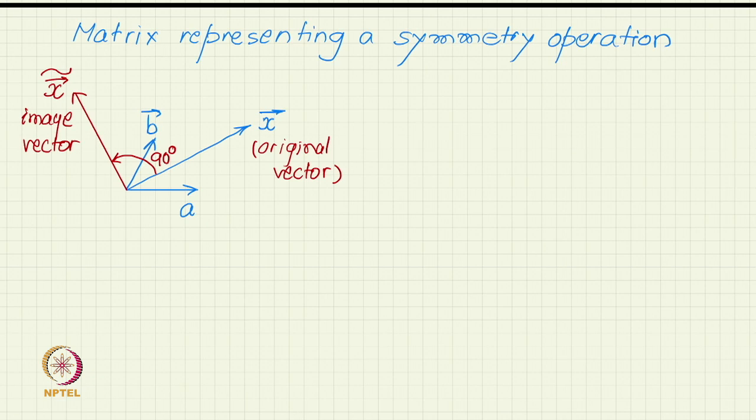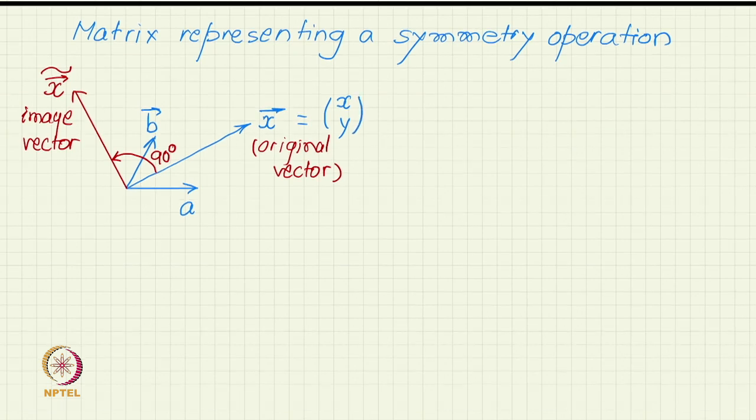So, what we now need, so again x will have components x, y, x tilde will have components x tilde, y tilde, and our job is to establish the relationship that what are the components of transformed vector, what are the components of symmetry transformed vector.